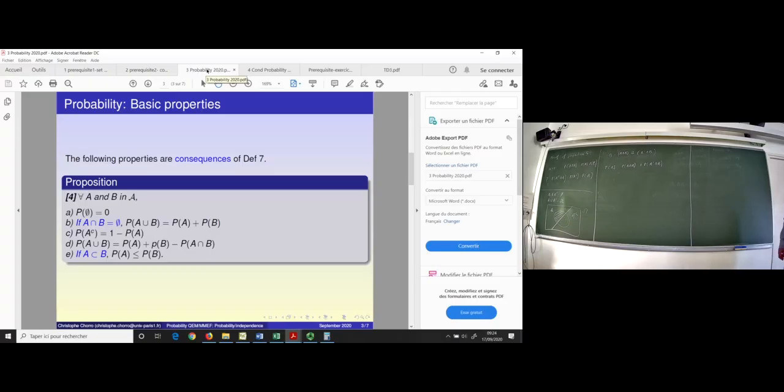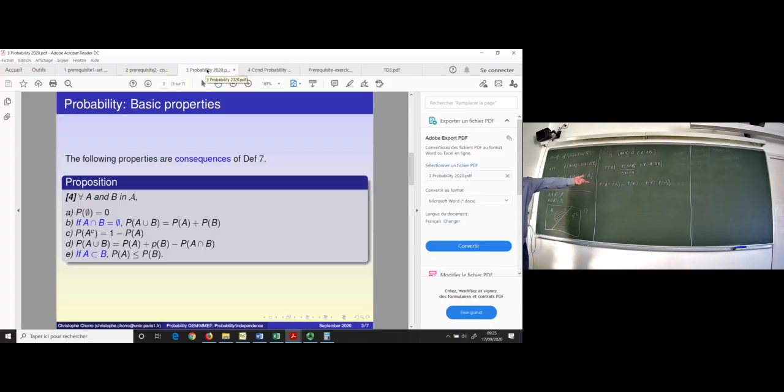What is my hypothesis? The fact that this term is equal to P of A times P of B. And so I deduce from this that what I am interested in, the probability of A complementary intersected with B, may be written as P of B minus P of A times P of B. And what can I do now?